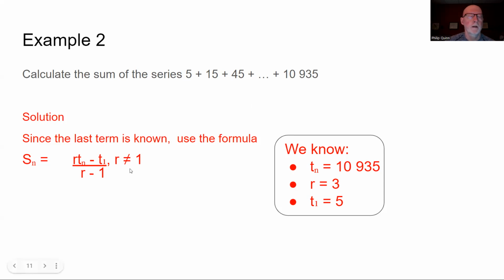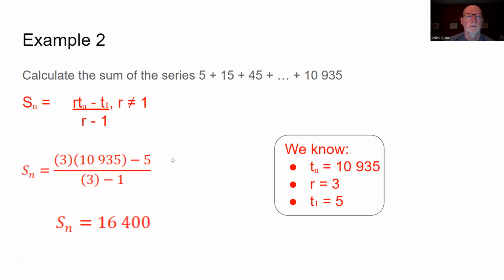We're going to use this formula right now to find the sum of the series. So we've got the formula. Let's substitute in. We know r is 3. The nth term is 10,935.